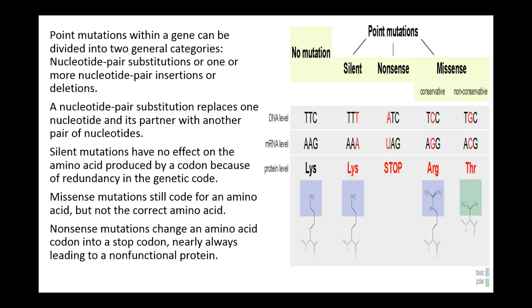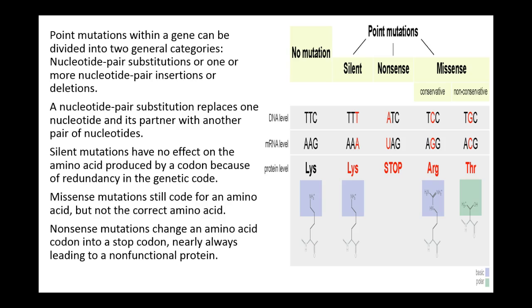Point mutations can be divided into a couple of categories. That can be substitution, nucleotide pair substitution, or one or more nucleotide pair insertions or deletions. In a substitution, one nucleotide is replaced with another.